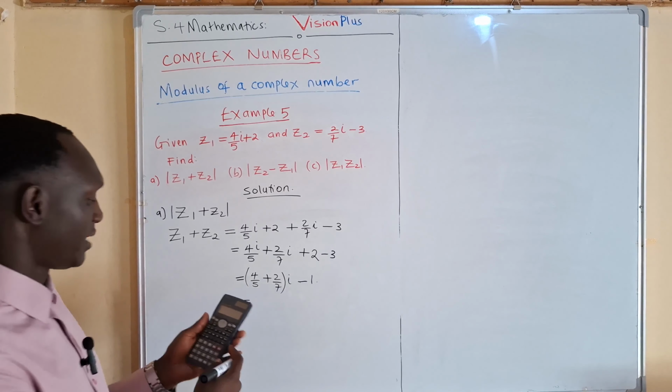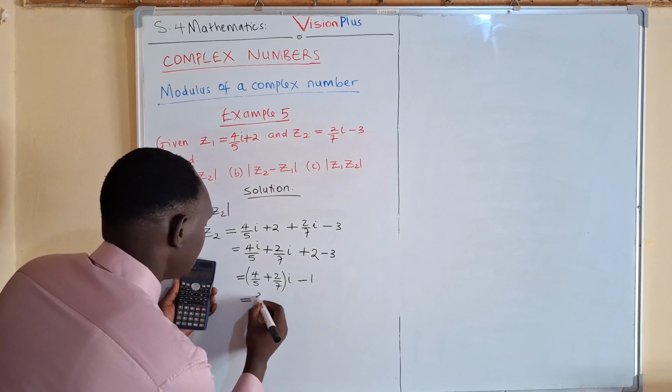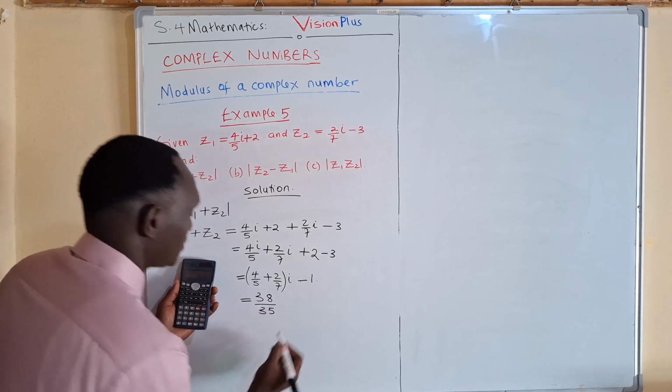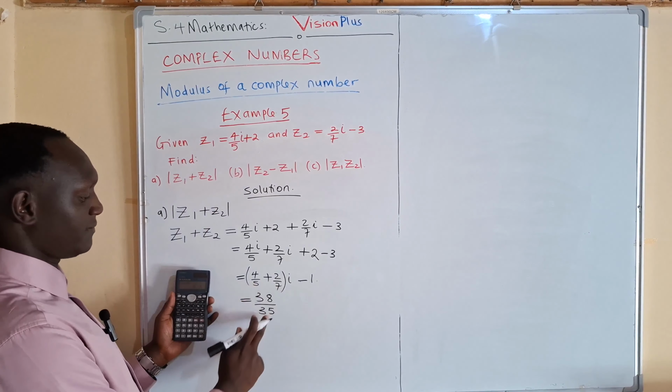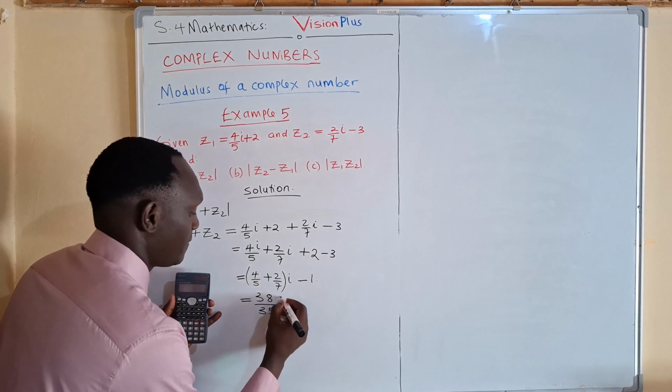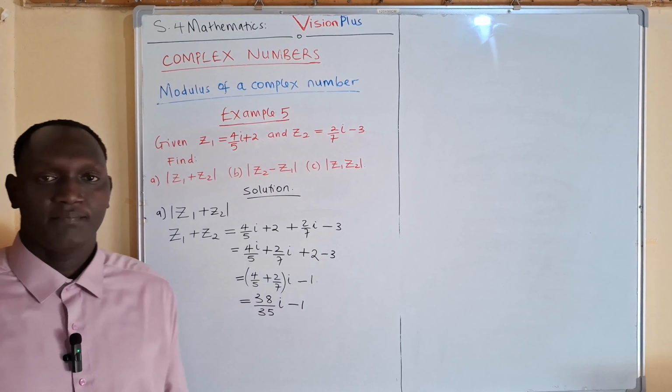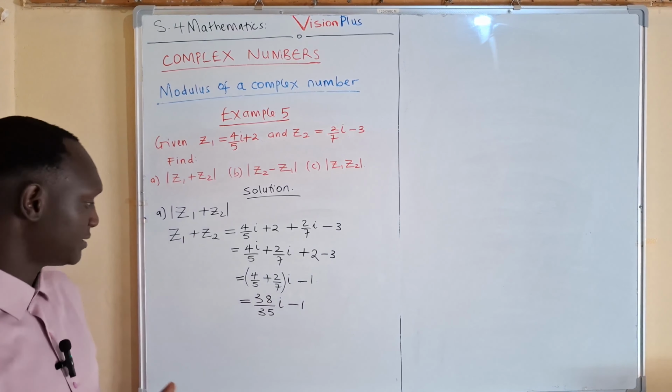Then you change it to a fraction. I'm getting 38 over 35, which is correct because the LCM of 5 and 7 is 35. Then I minus 1. So this is the value of Z1 plus Z2.